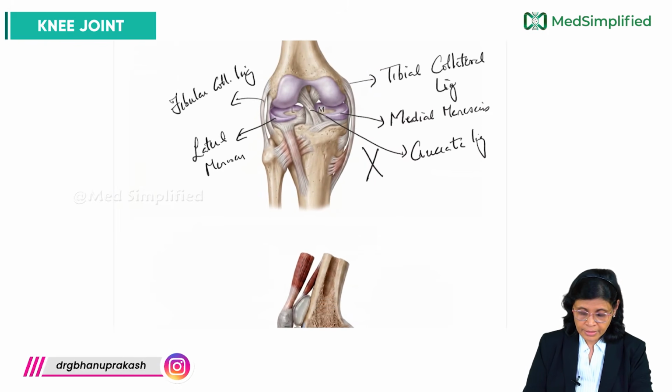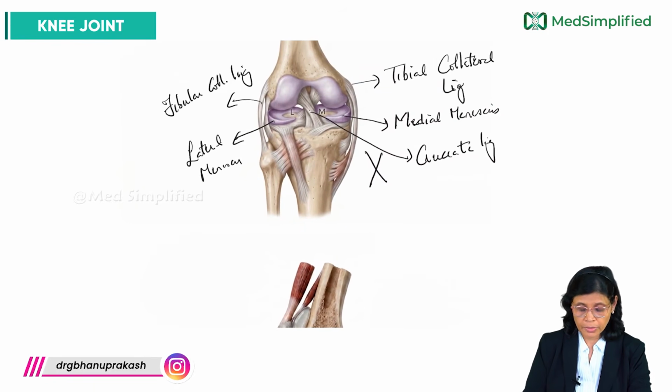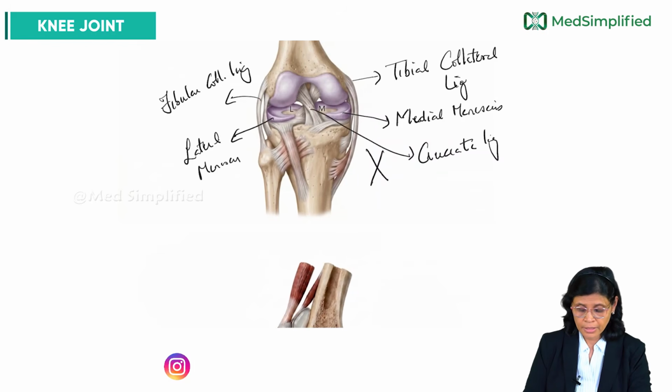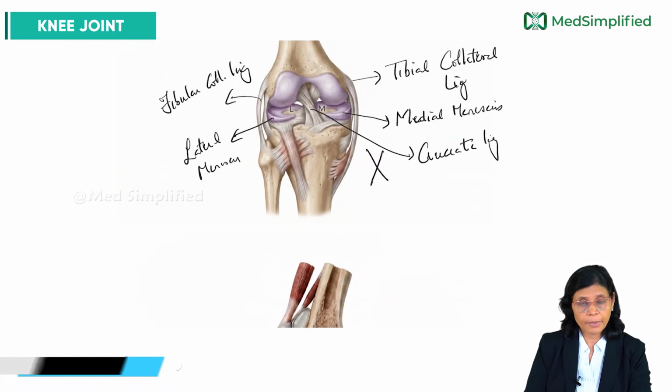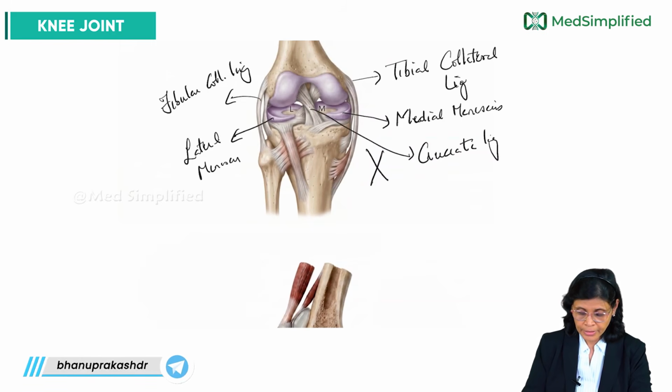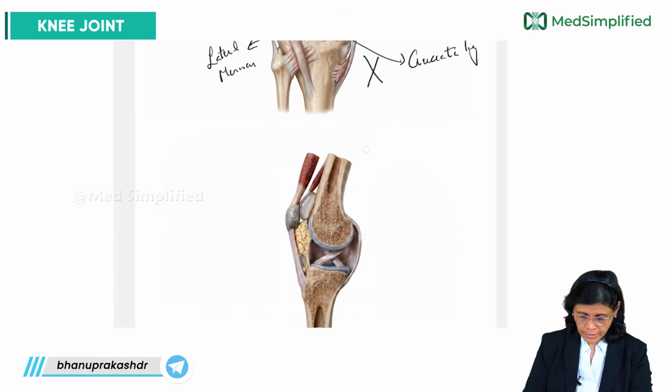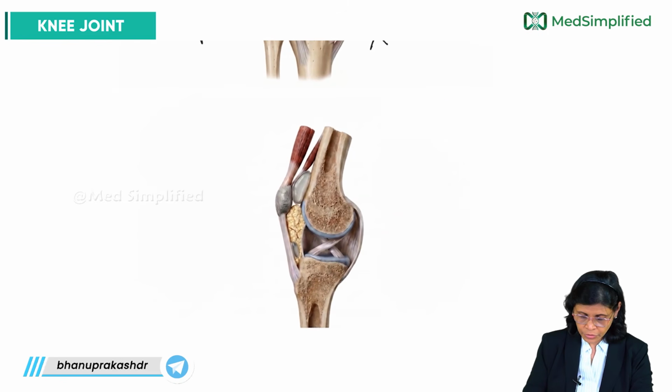The menisci divide this joint cavity into upper and lower compartments. Upper, that is meniscofemoral, and below that the meniscotibial compartments. We will see about it. Here you can see the cruciate ligaments more.